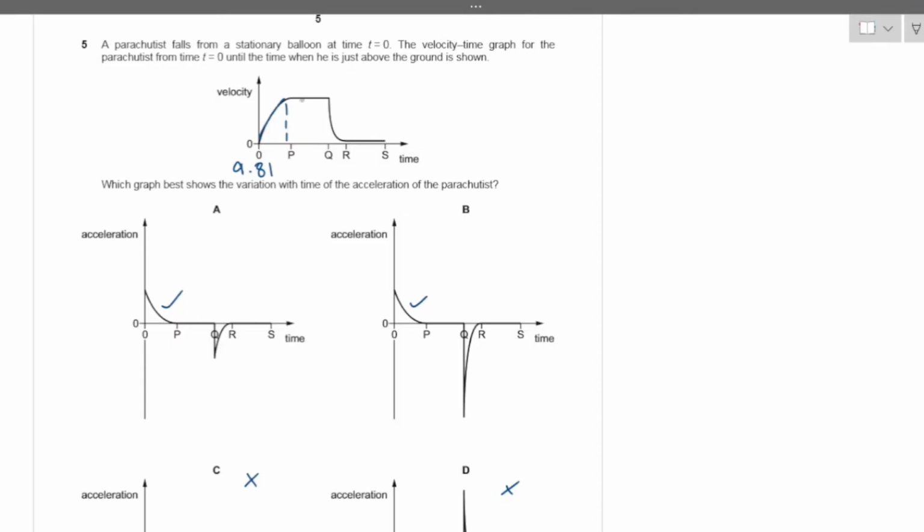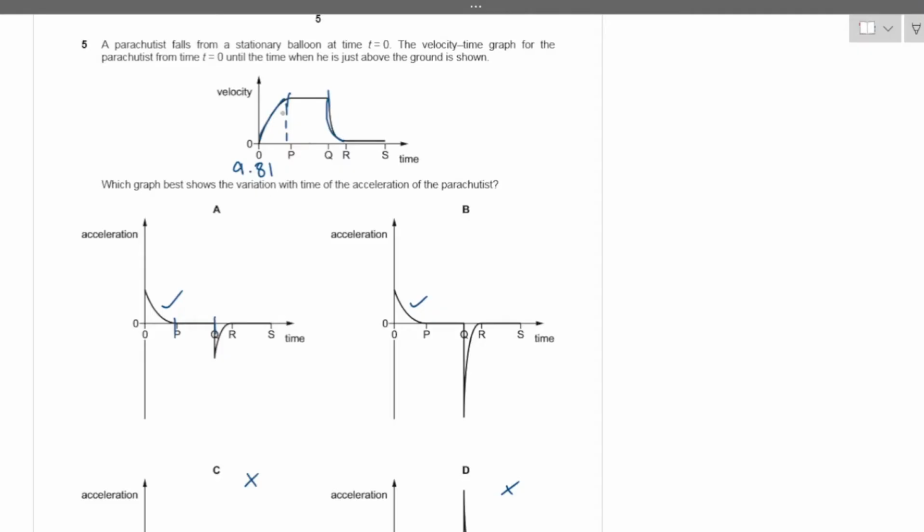Now let's look at the second part. The second part is just the constant velocity part, so nothing special goes on over here. But next, we have this very steep curve between Q and R. Another thing to notice is that the steepness of this curve is less than the steepness of the other curve.